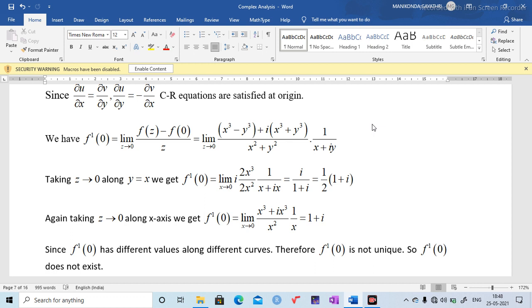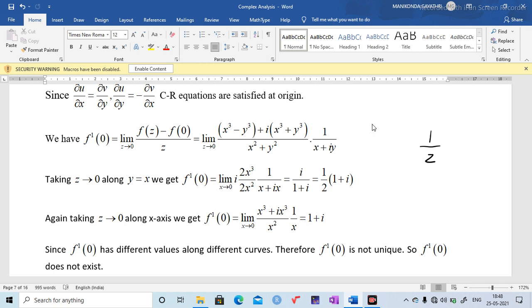That's why f of z is, this is the given value, divided by z, which is nothing but 1 by z. So the value of z is x plus iy. Take z tends to 0 along y equal to x. We get f dash of 0. Replace y equal to x.